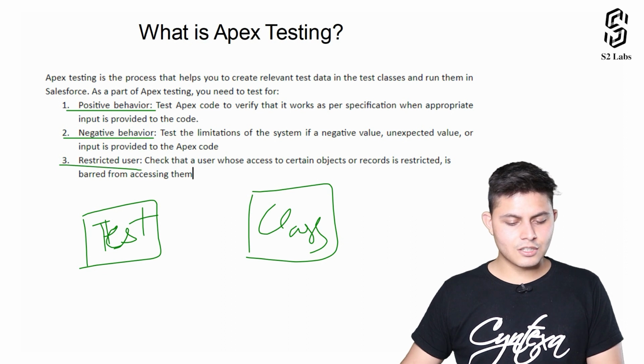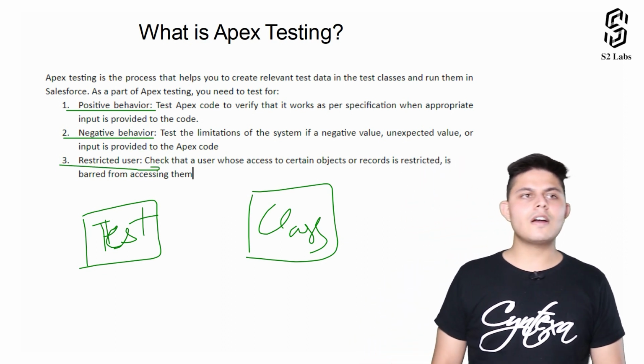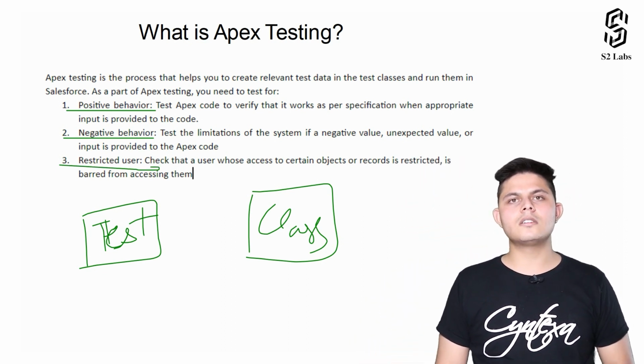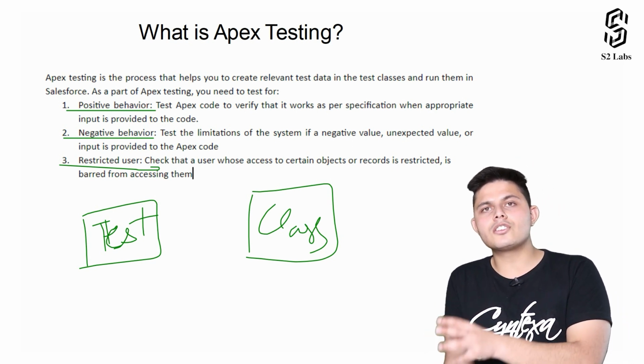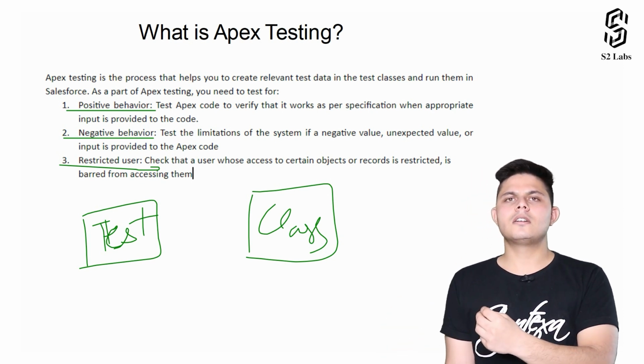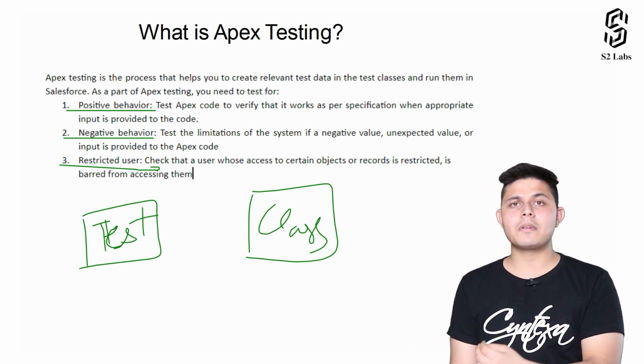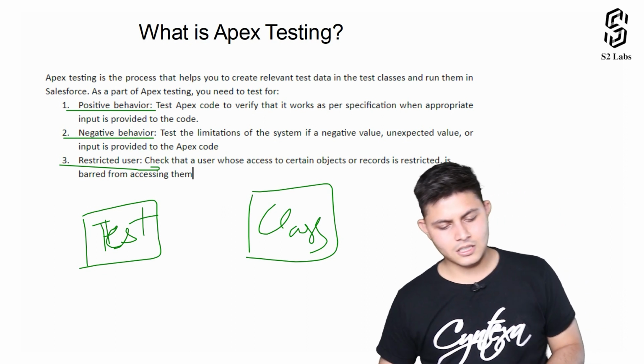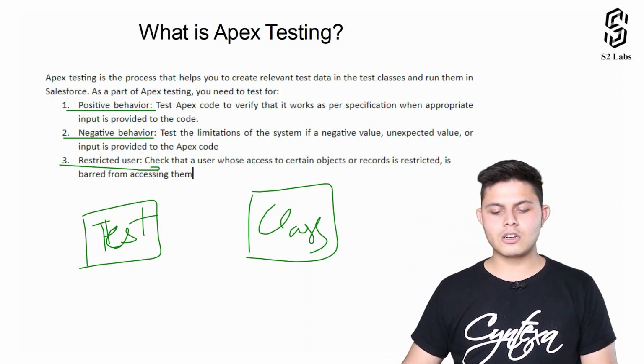Next, restricted user. Here, you have to test whether the program or the application is working for a user who should not have access to this particular code or application, right? So check that a user whose access to certain objects or records is restricted is barred from accessing them.